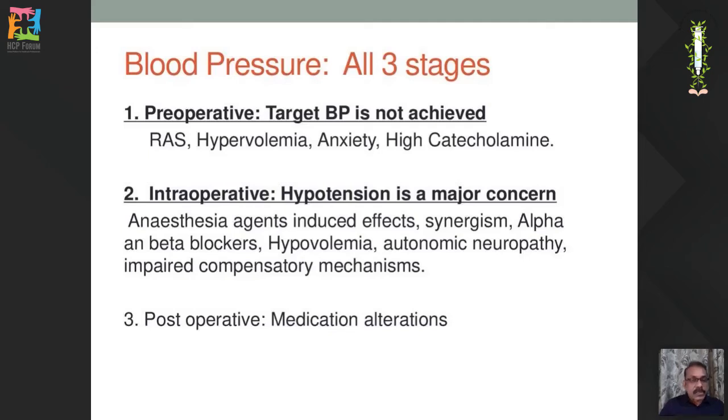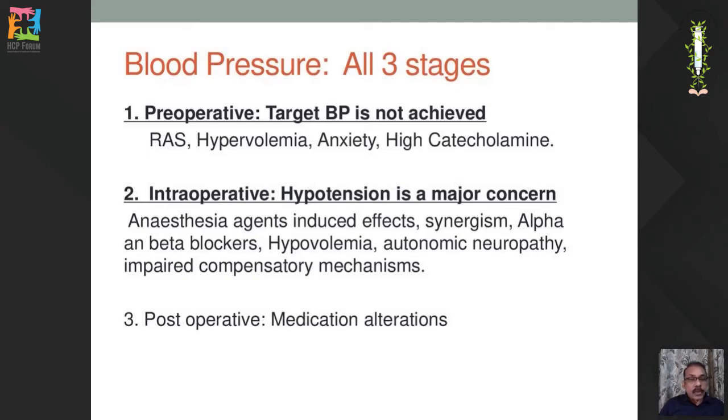They will be on alpha blockers, beta blockers, combined alpha-beta blockers, ACE inhibitors, ARBs, diuretics, and whatnot, and despite that their blood pressure remains high because of high catecholamine or high renin levels. Hypervolemia is always an issue, and high catecholamine is also seen.